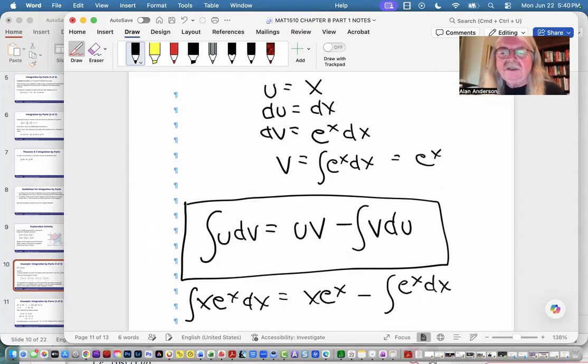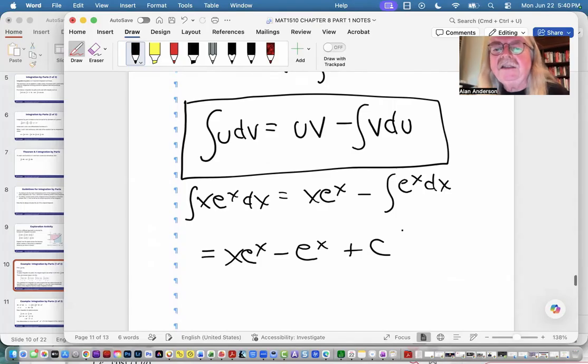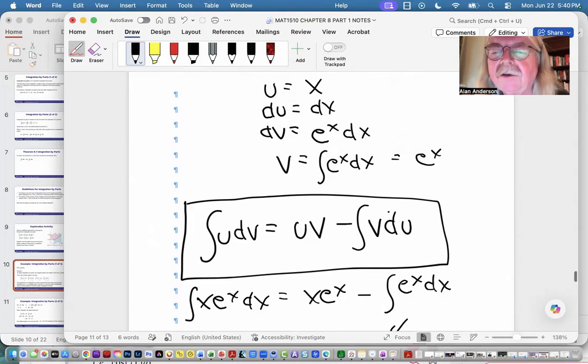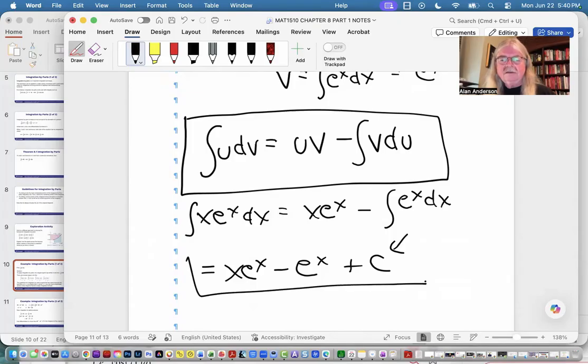Well, look, what do you know? This looks pretty straightforward. And there it is. And you notice we saved that C for the end there. When we're defining v here, we don't really need it.